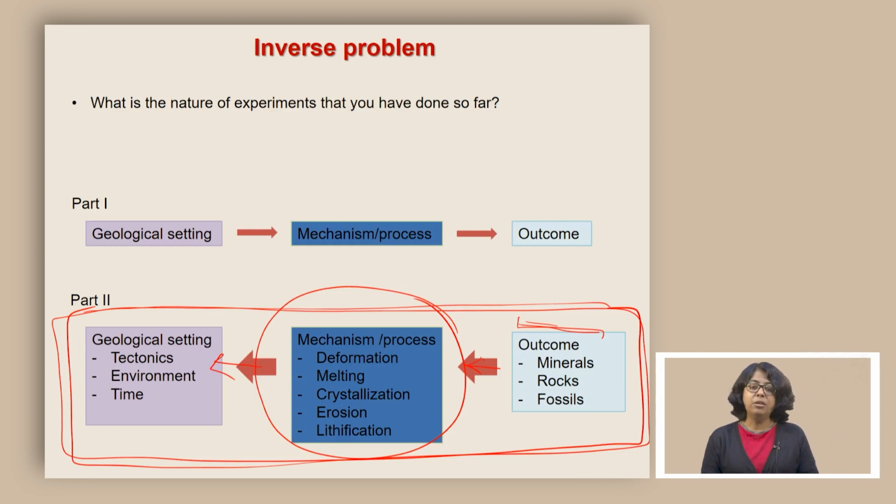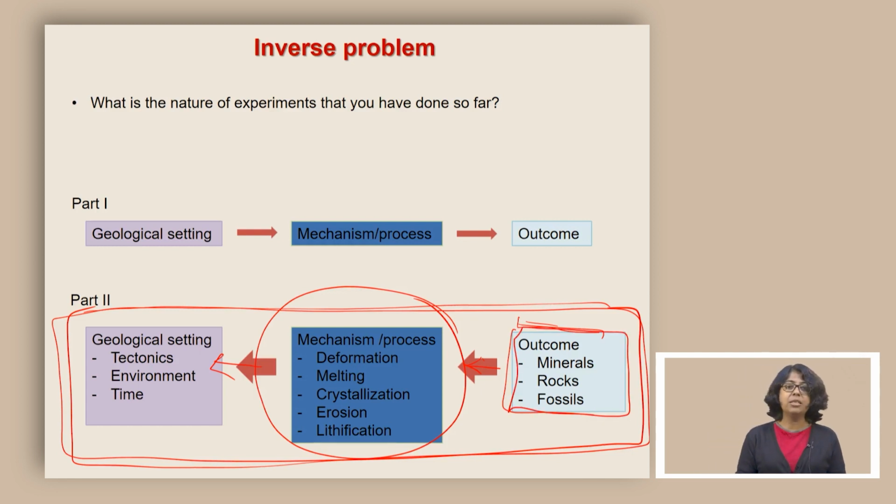Just observation of these features does not really give you the understanding of mechanism if you do not have any other thing supporting this. So, we do try to study the mechanisms in the natural record, and the way we do it is by looking at the present day geologic setting.